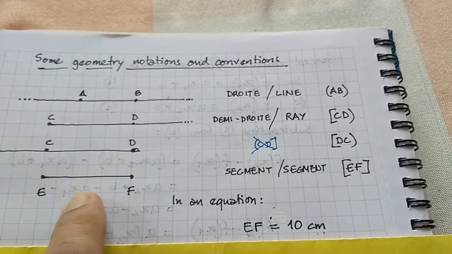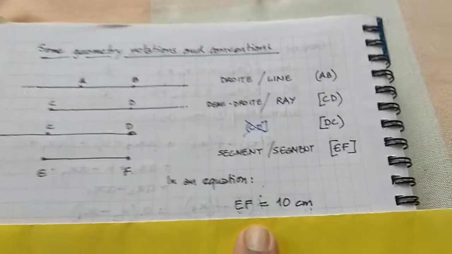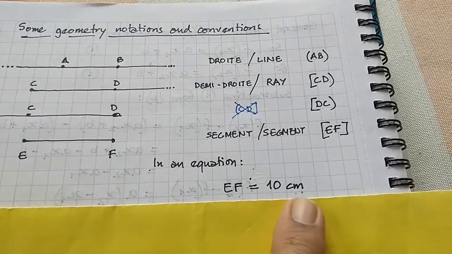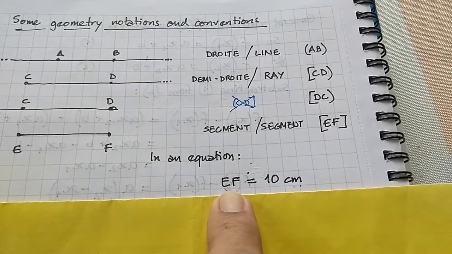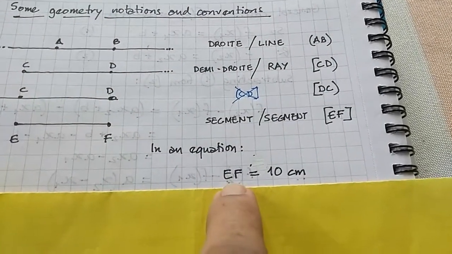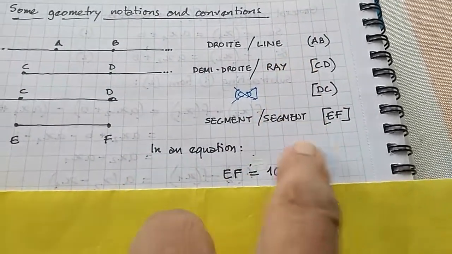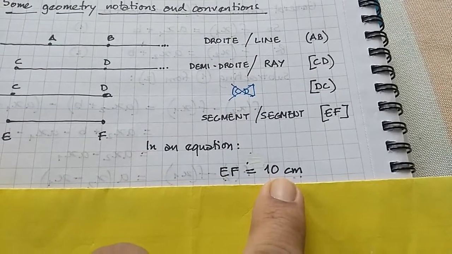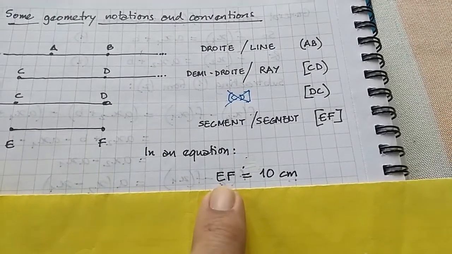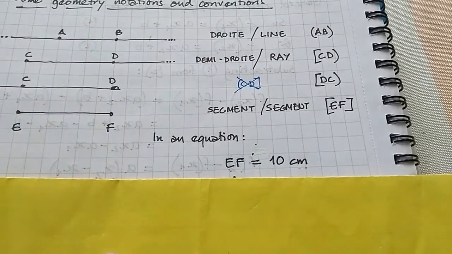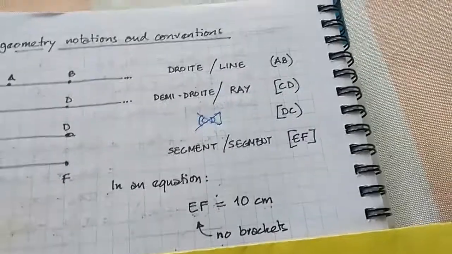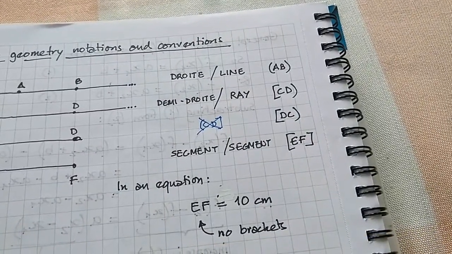Only the length of a segment can be defined. So you write EF est égal à 10 cm, and because there is no chance of confusion, you write it without any bracket. You just write EF est égal à 10 cm. So in an equation, you don't need to put brackets, right? See, no brackets, I've even written it.